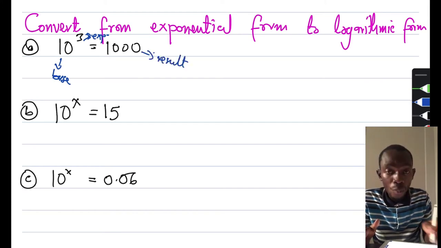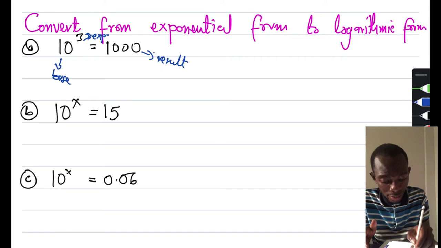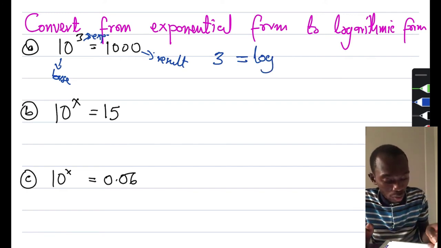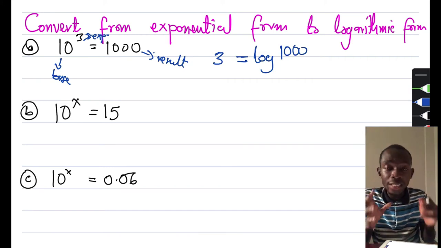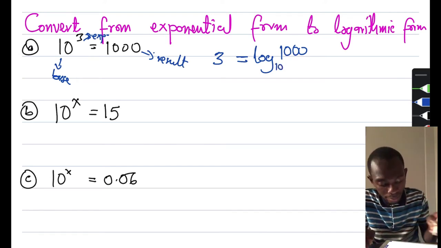In log form, what you write first is the time, or the exponent, and that is 3. So you have 3 is equal to log the result. The result is 1000. Now the base is the same base as in the exponential form, so 10 is still the base here.